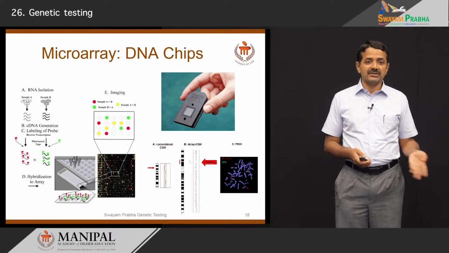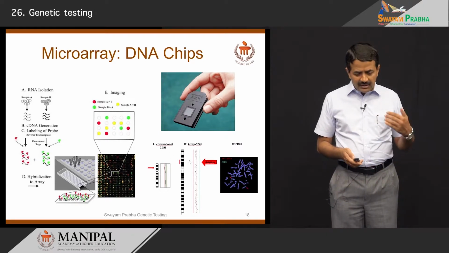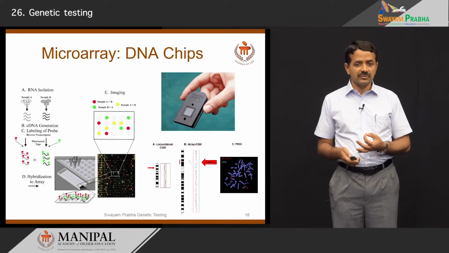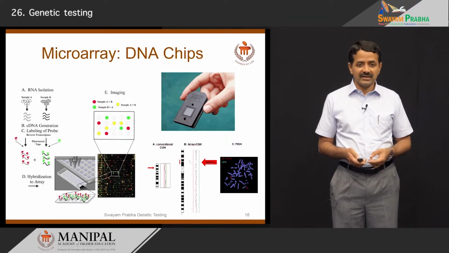So, we can use dead tissue for further analysis. This gives very nice resolution of small segments of the chromosomes, which is not detected by traditional karyotype.